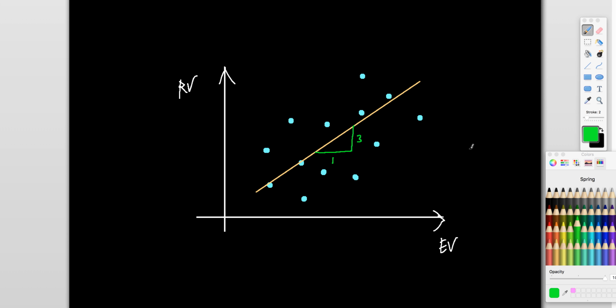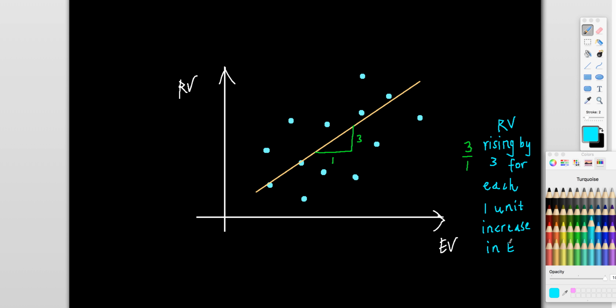The rise over the run would be 3 over 1. What this means is the RV is rising by 3 for each 1 unit increase in the EV.